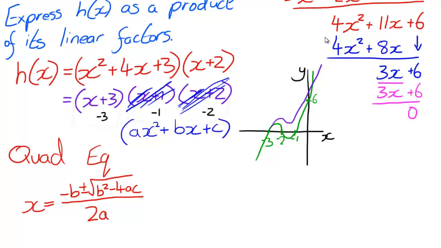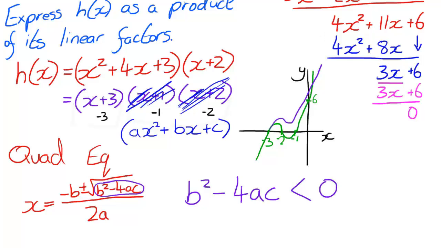In this new quadratic with our a, b and c, normally we'd get two x values, one for minus b plus this lot and one for minus. So we get two x values where this cuts the x-axis. But in this situation, I'm going to say that b squared minus 4ac is going to be less than 0.